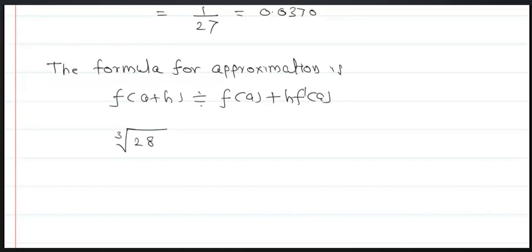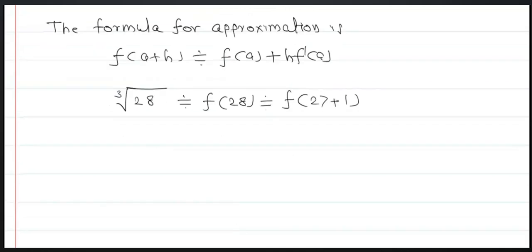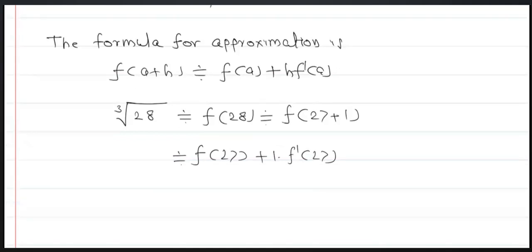That is, the cubic root of 28, f of 28, is approximately equal to f of 27 plus 1 into f dash of 27.